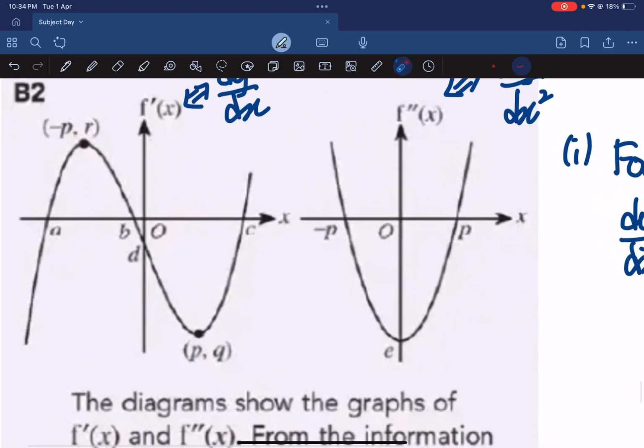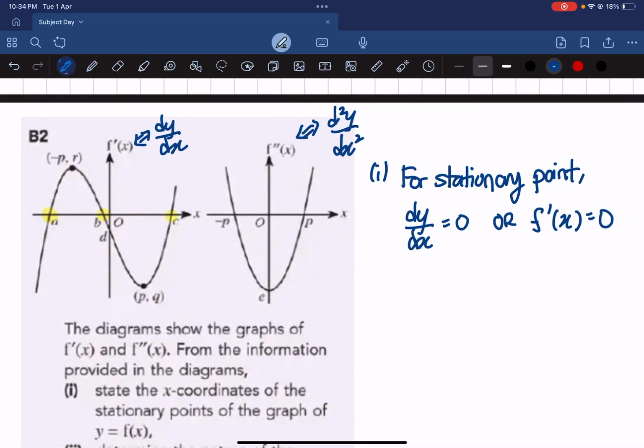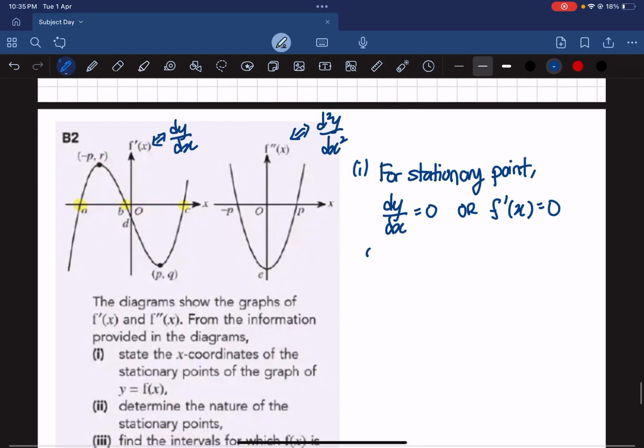Simply based on this graph, the x-intercepts are A, B, and C. So for part 1, therefore, x is equal to A, B, and C. Okay, this is for part 1.